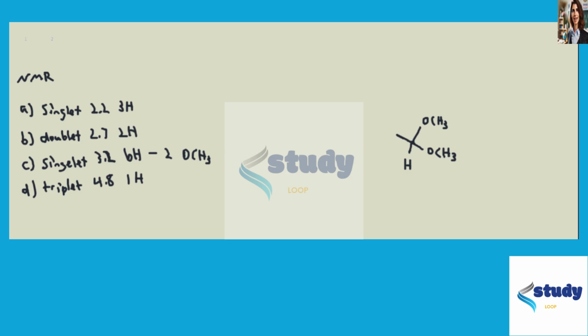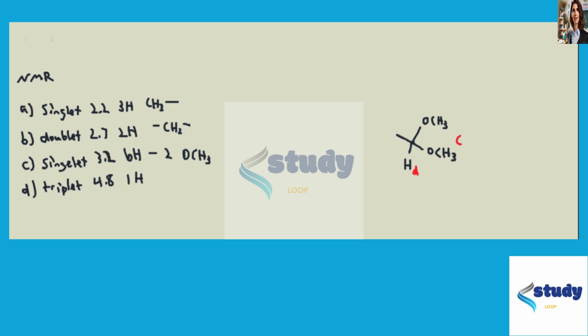That's going to be HD, and then these protons are going to be HC. Then we just need to fill in the other pieces of this molecule. We have a singlet at 2.2 integrating to 3, so that's probably a methyl group, CH3. It's a singlet, so it has no neighbors. And then we have a doublet at 2.7 integrating to 2 protons, so that's a CH2.